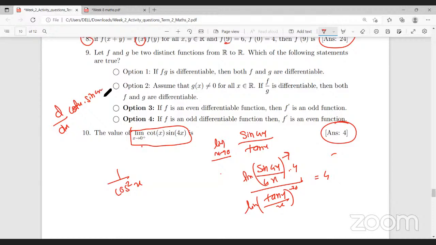Here we have to apply the product rule, but here we are just finding the limit of this particular function. While finding the limit, we come across an indeterminate form, and then we can apply the L'Hospital rule, where we differentiate the numerator and denominator separately. We are finding the limit here, not taking the derivative.